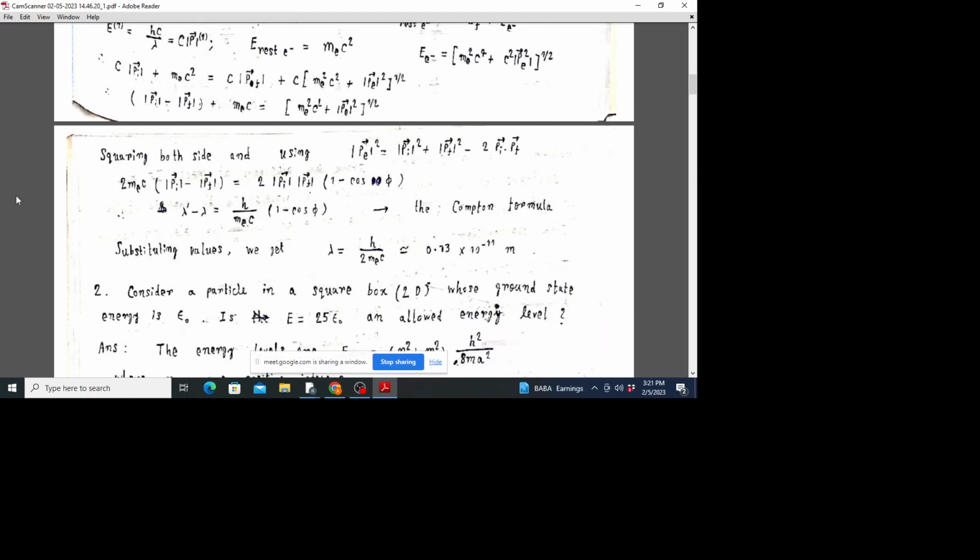Now this involves solving for energy eigenvalues and all these things. We'll consider the simplest case of all, that is the particle in a box.